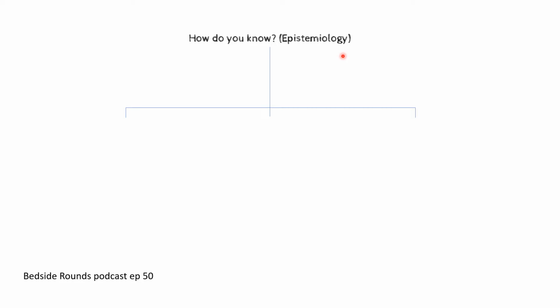So epistemology is like when you're sitting in front of a patient and they ask you, how do you know this? Well, then you have a few pillars, and it can be argued how many pillars there are where we gain our knowledge from. But in general, before heading into this lecture, I just wanted to remind you that I will try to base a lot of this on evidence-based medicine, but a lot of this is also experience-based medicine, and also a lot of it is mechanical-based medicine, physiology.